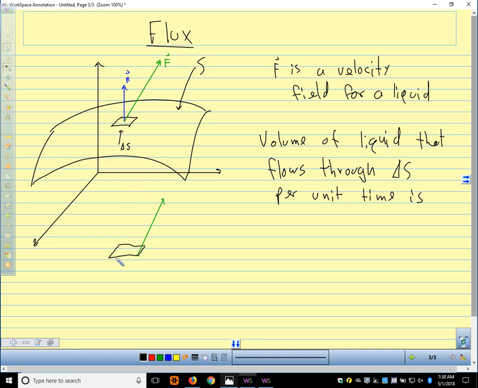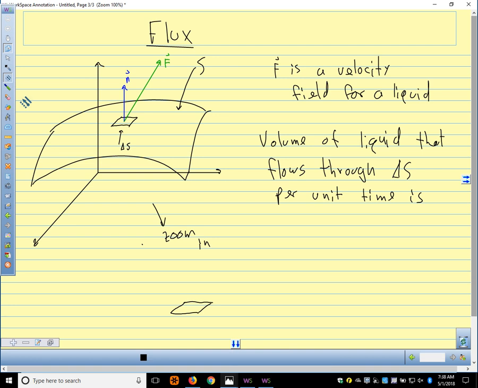Sorry, I'm going to redraw it. I'll zoom in, so I'm zooming in just on this piece. We're going to draw a little prism, and the vector F is going to be one side of that thing. And I'm going to turn this into a prism.